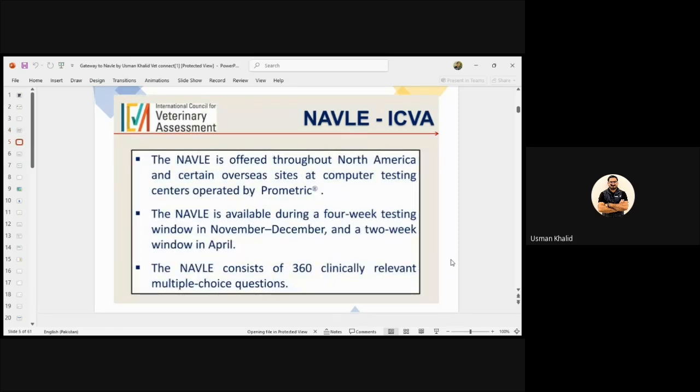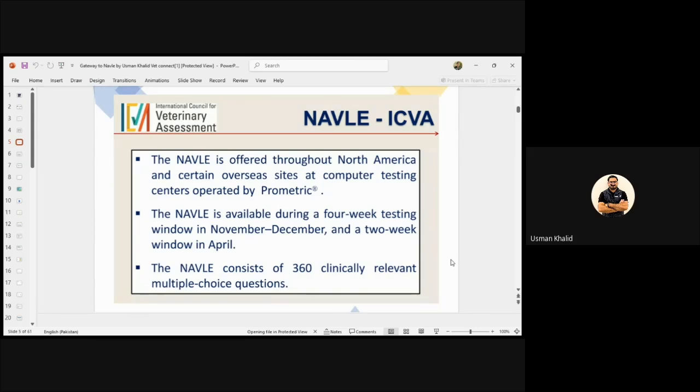So basically, NAVLE is offered as a computer-based test, by different Prometric centers. This is a very basic question from many people, whether we can give NAVLE in our countries, or whether we have to travel to USA or Canada or somewhere.